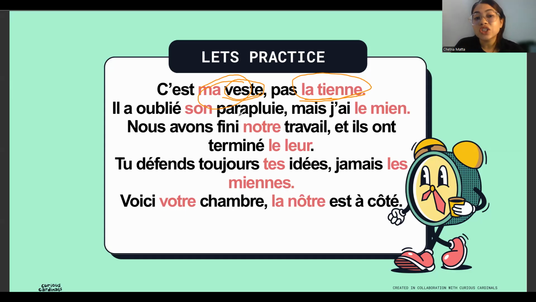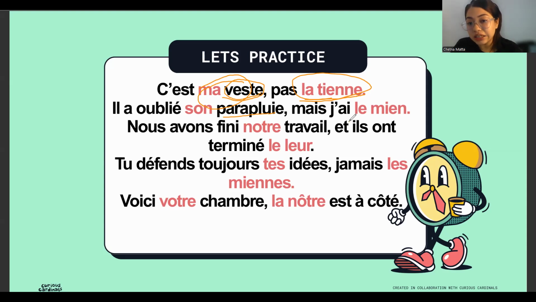Il a oublié son parapluie. You are going to say parapluie ends with e, so it is going to be feminine. No, it is an exception. So on utilise son. Okay. Now, mais j'ai le mien. So he forgot his umbrella, but I have mine.